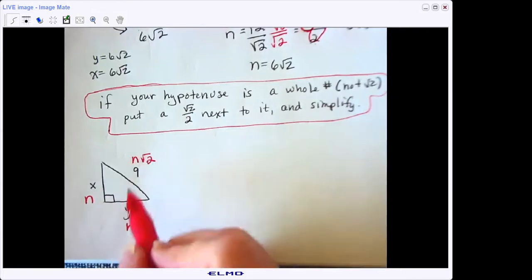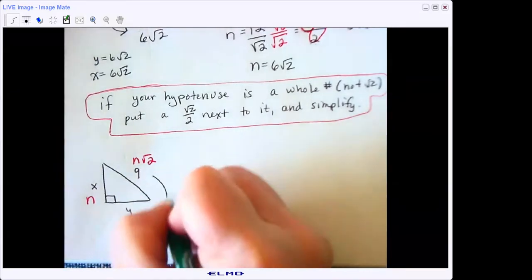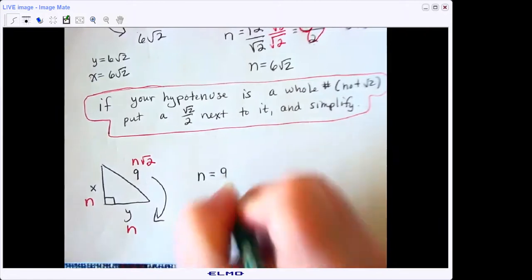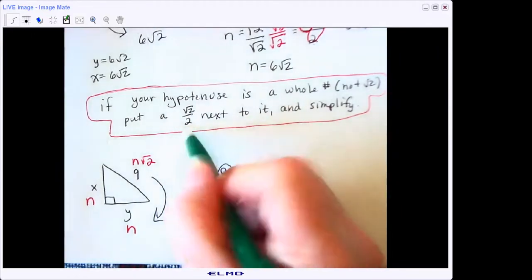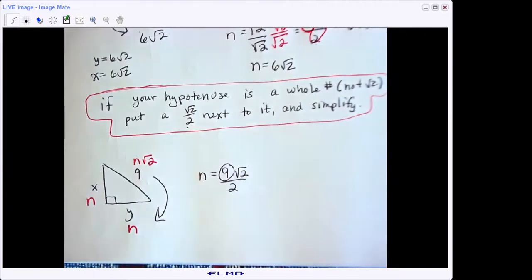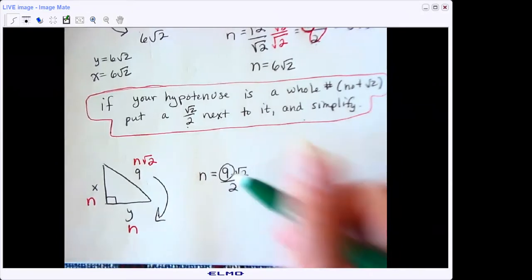Okay, so I'm going to take this number, which is my 9. So in order to find n is equal to, take the number and put root 2 over 2 next to it. And that's going to be your answer. But then we need to simplify. Does 2 go evenly into 9?